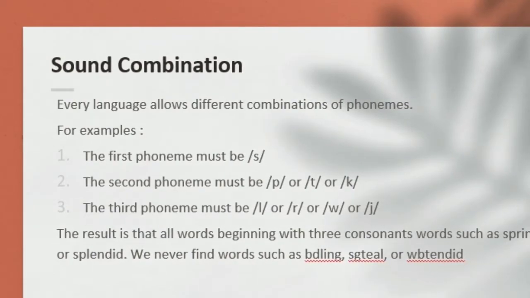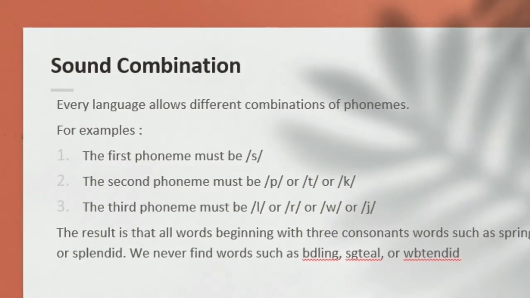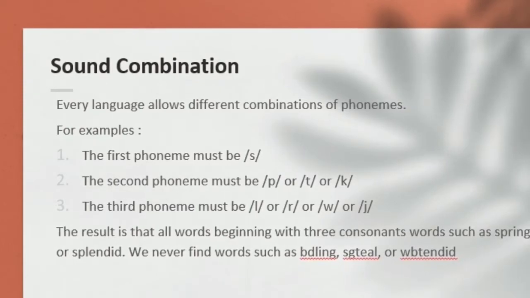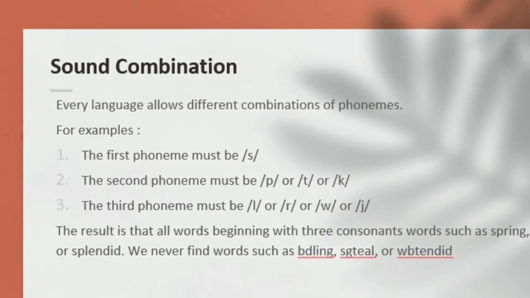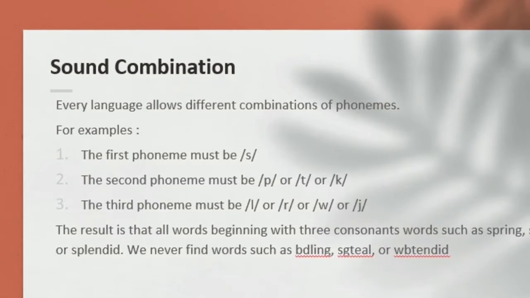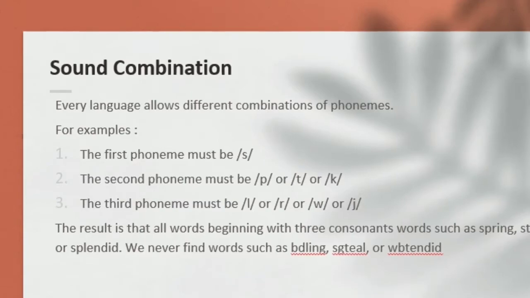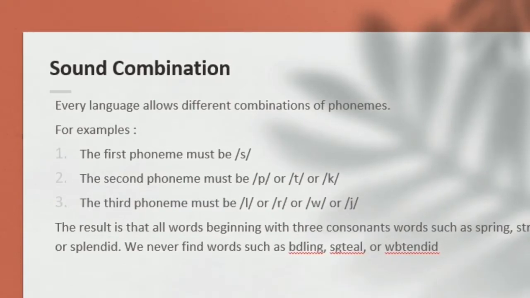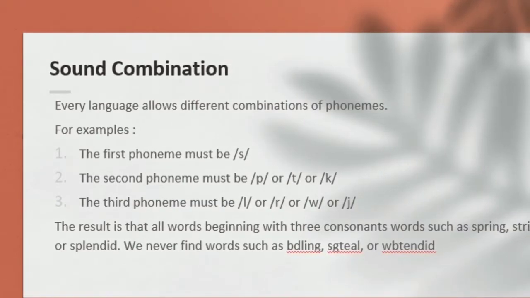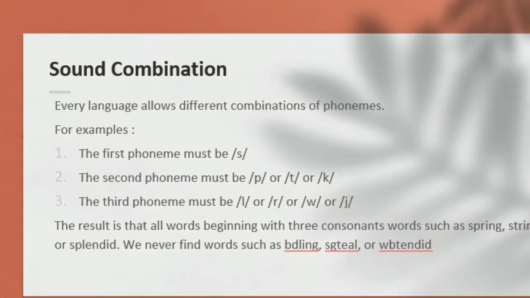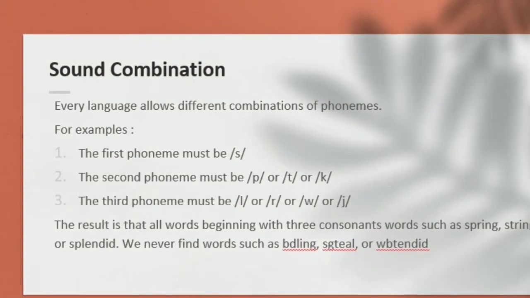Let's jump up to sound combinations. In addition to identifying and analyzing the phonemes, a linguist must also work out ways in which the phonemes may be combined. Every language has certain permitted sequences of sounds, and others which are not allowed.